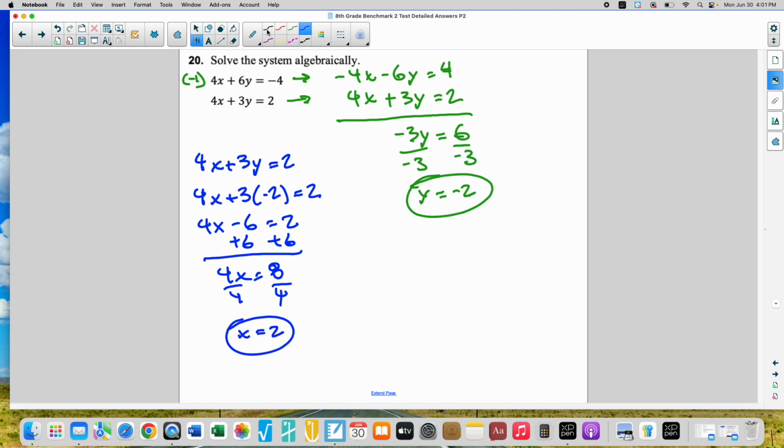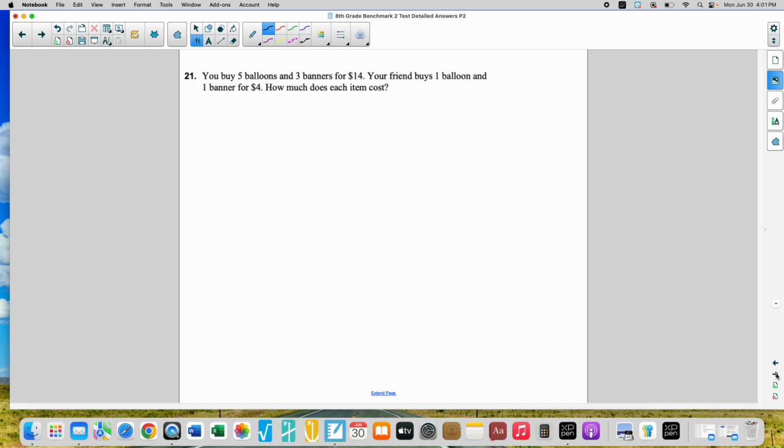So my solution to this system is going to be (2, -2). Really nice, efficient way of being able to solve a system. You can do it through graphing, you can do it through substitution, or in this case, you can do it through elimination, where we multiplied, we got a proportional equation to it, and then we added.